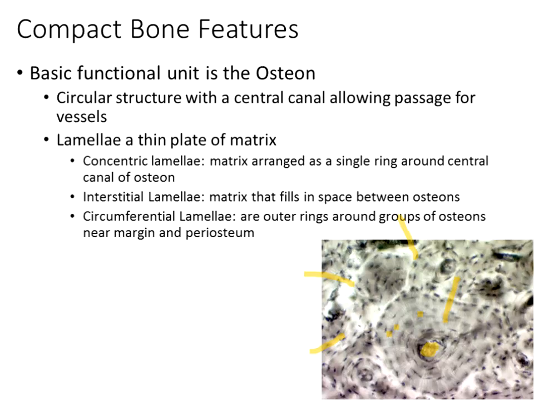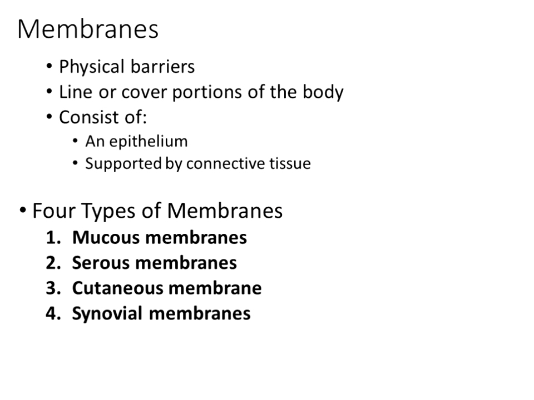If they are matrix that between the little logs takes up the little bit of space, like right here between this log and this log, they're known as interstitial lamellae. Near the outside of a bone, you'll find big circles running around and connected to the periosteum. Those are going to be the circumferential lamellae. So they are the circumference around the entire inside dense bone. Okay.